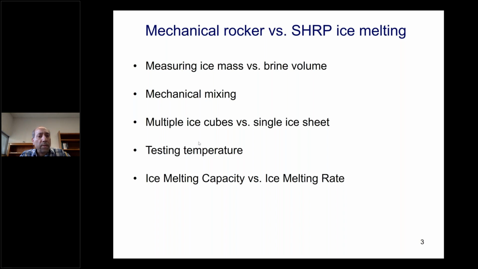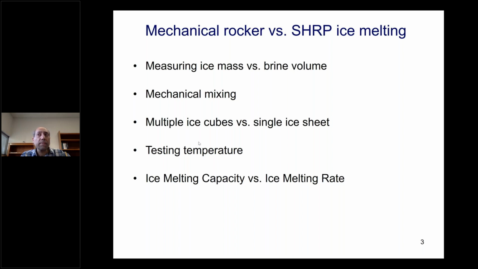And also testing temperature. In the SHRP method, the test temperature is not in accordance with many freezers. But in the mechanical rocker test, we can do the test at 15 and 0 Fahrenheit.